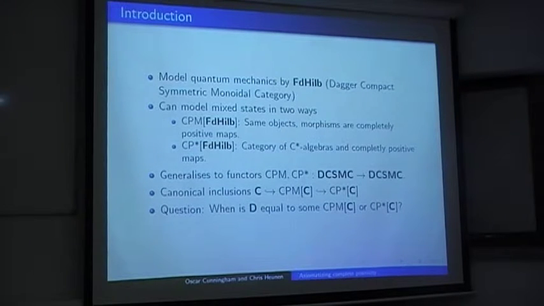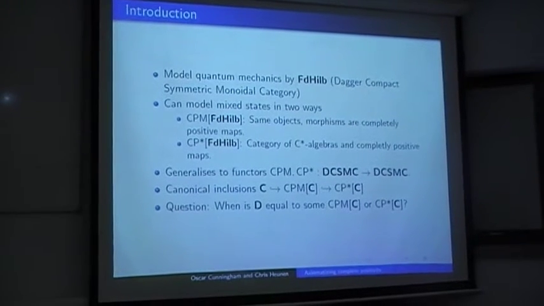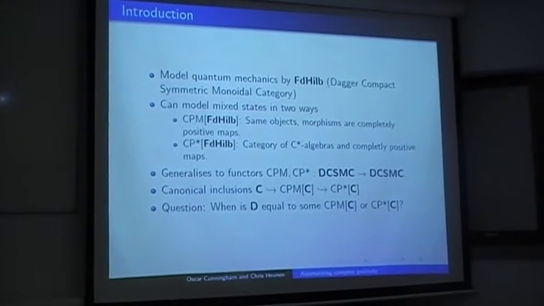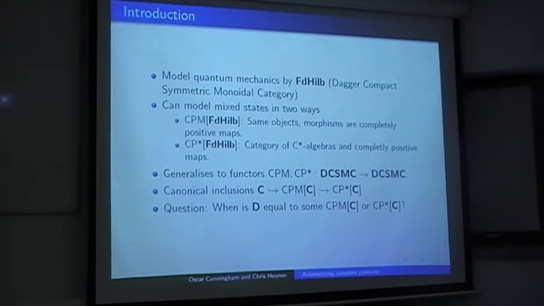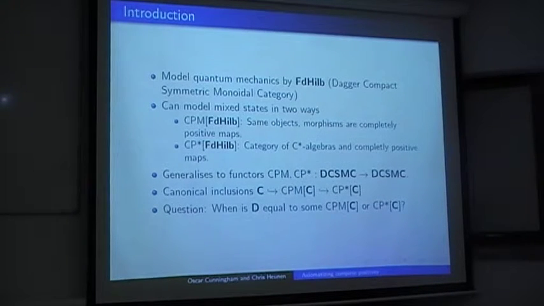And it would be good to answer this question, because then if we wanted to talk about a category which had morphisms and mixing, we wouldn't have to say take a category of pure morphisms and then apply CPM or CP star. We could just say take a category which obeys these axioms, and that would be a nicer way to do it.